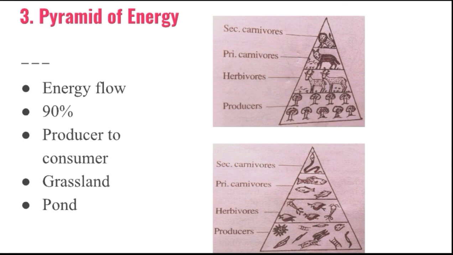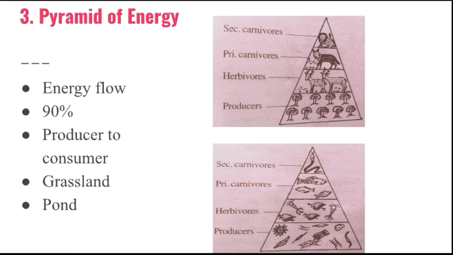Similar to the last example of the grassland ecosystem, here 100% energy is available at the producer level. Only 10% is consumed and 90% is lost. After that, the herbivores or zooplankton feed on plants, and the zooplankton consume only 1% energy and 90% is lost.